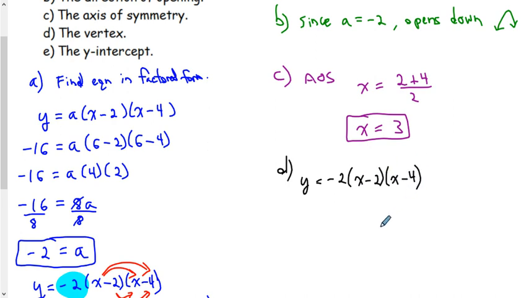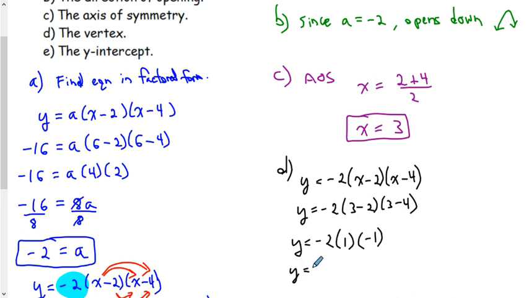Okay, there's our equation in factored form. Let's sub in when x equals 3, see what our equation gives us. So anywhere I see an x, I'm going to replace it with a 3. Okay, so we got negative 2 times 3 minus 2 is 1, and 3 minus 4 is negative 1.